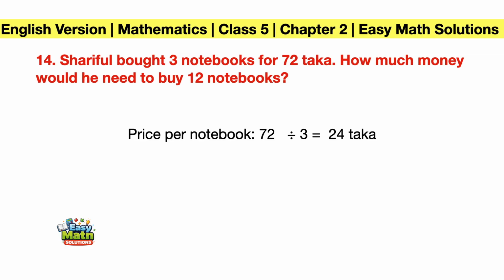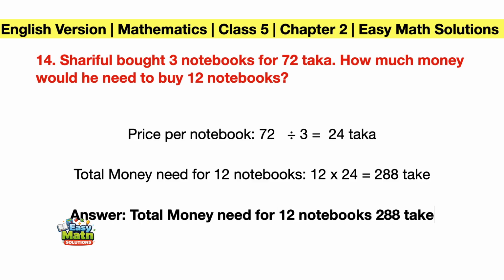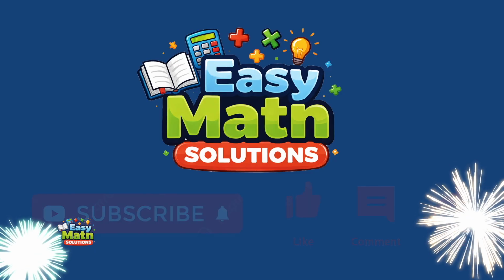Then per notebook 72 divided by 3 equal to 24 taka. And total money he needs for 12 notebooks, 12 into 24 equal to 288 taka. Answer: total money he needs for 12 notebooks equal to 288 taka.